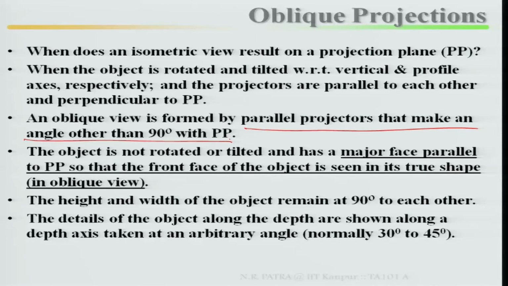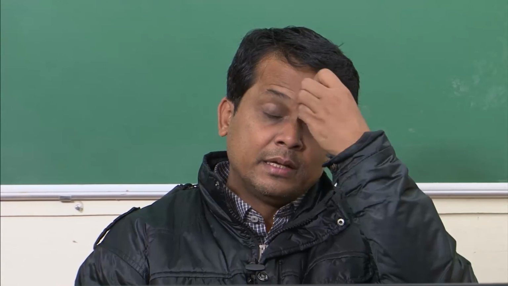That means oblique view in depth directions is made at an angle of 30 degree to 45 degree. However, the front face is always parallel to your picture plane, that means your front view is in true shape.